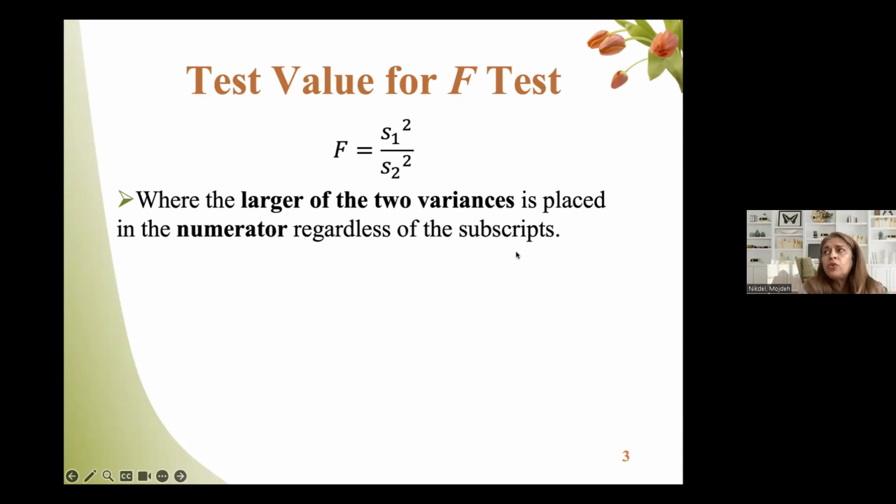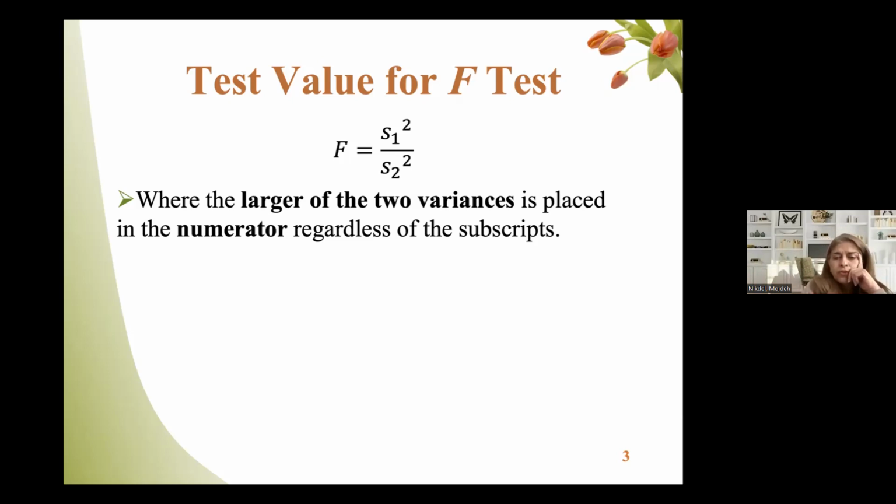What I do is look at which group has the larger variance, and I call it group 1, even if the book called it group 2. I switch groups. I say, well, I don't like the way my book called this group. I want the group with the larger variance to be group 1 and just change the subscript.